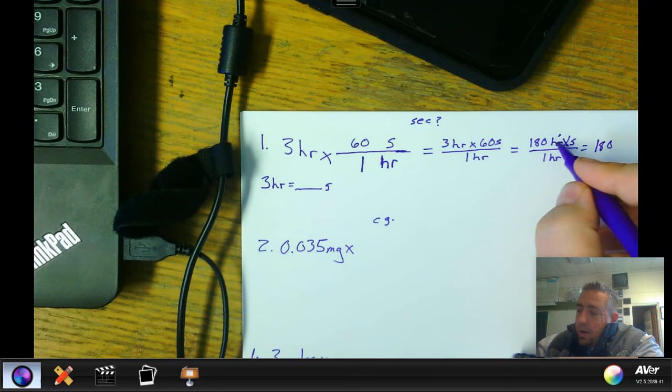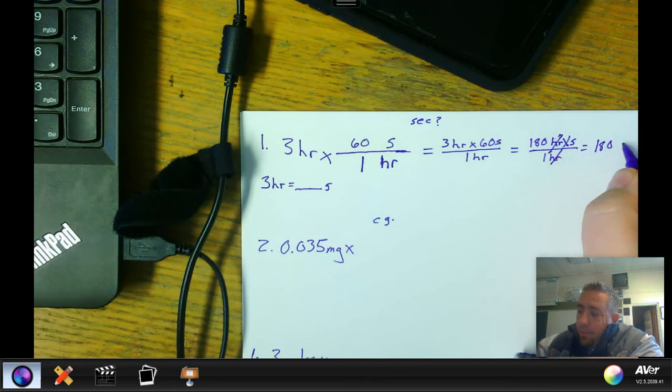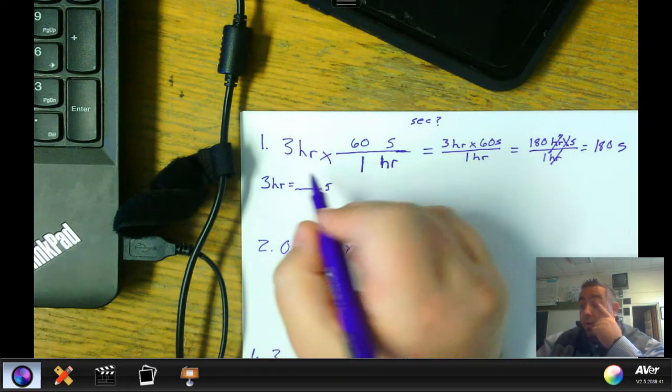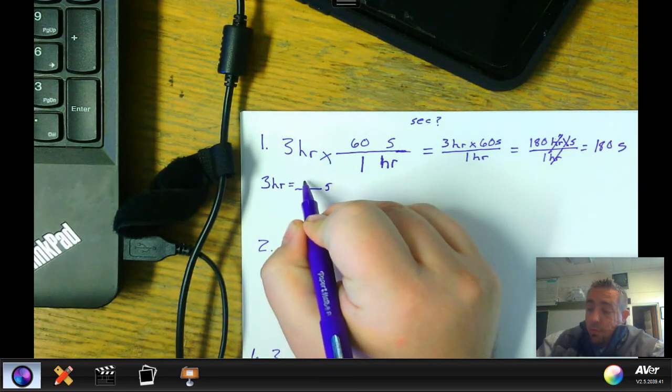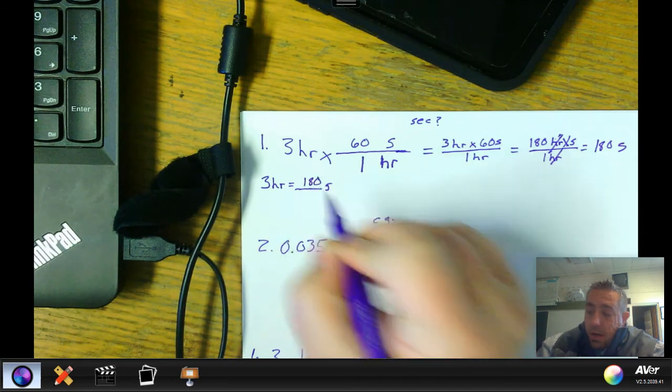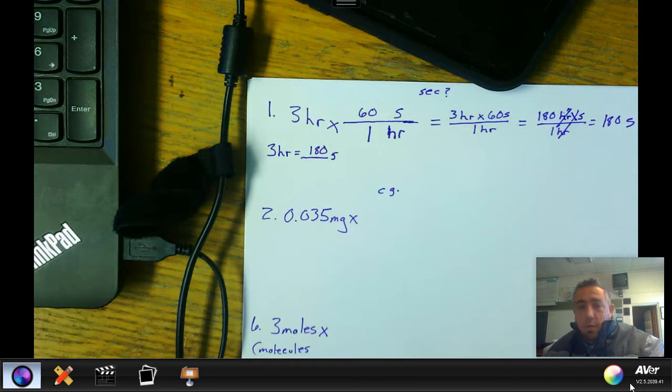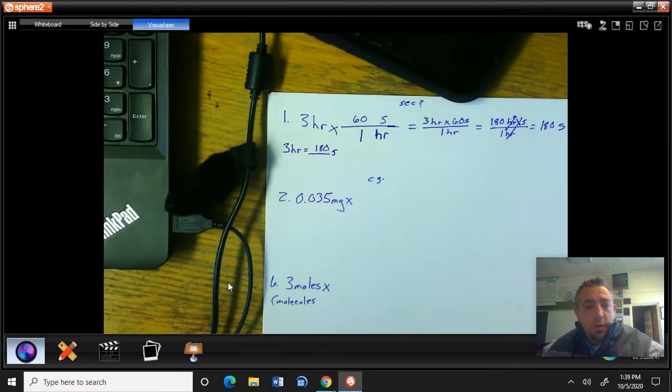An hour divided by an hour, they eliminate, and we're left with 180 seconds. So 3 hours equals 180 seconds. Okay. Let me just double check here.